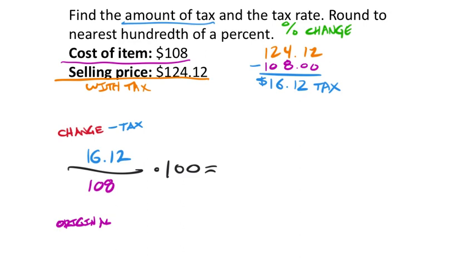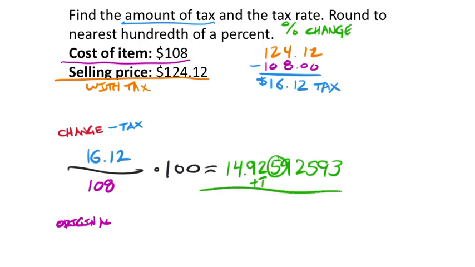It did say round to the nearest hundredth of a percent, so I got 14.9259. That may repeat, I don't know if it does, and I don't care, because we're just going to round this to the nearest hundredth. That's where the 2 is. The 5 to the right is going to make us add 1 to the 2, and we end up with 14.93%.